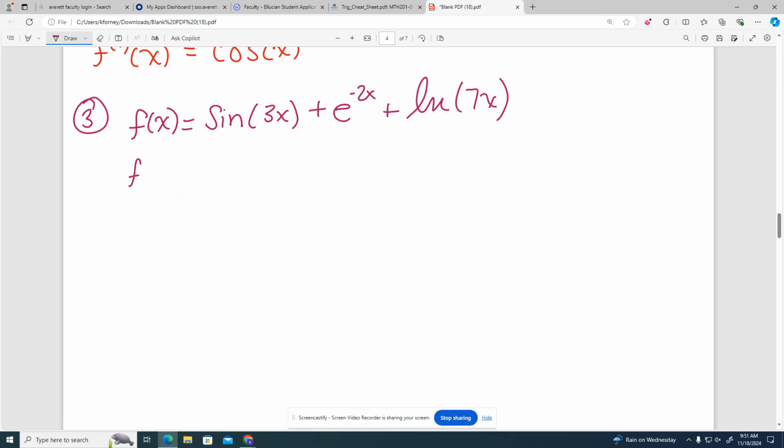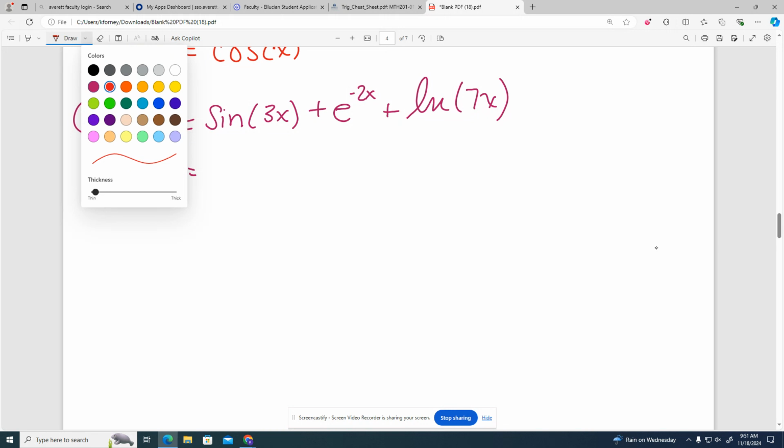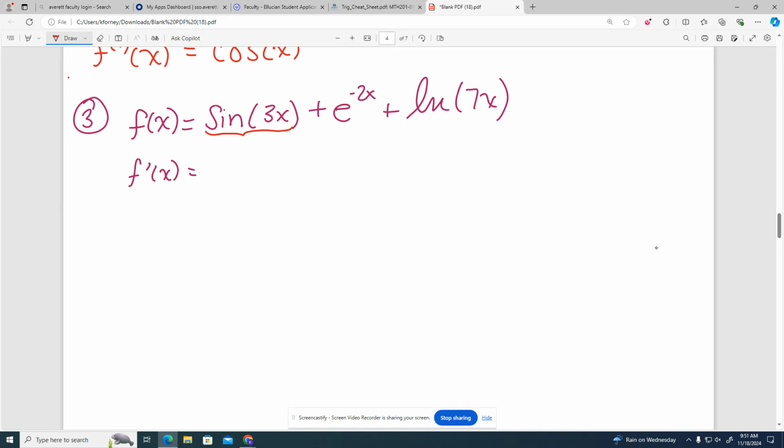So we want to look at the first derivative. If I'm looking at the first derivative, what am I going to have to do with that sine of 3x? The chain rule. So that is going to be 3 cosine 3x.